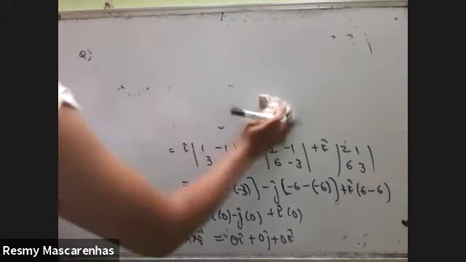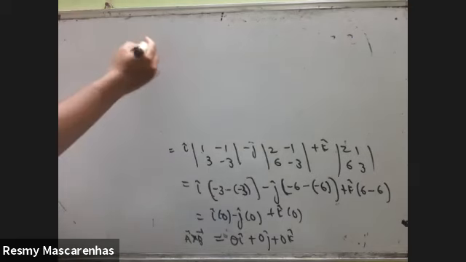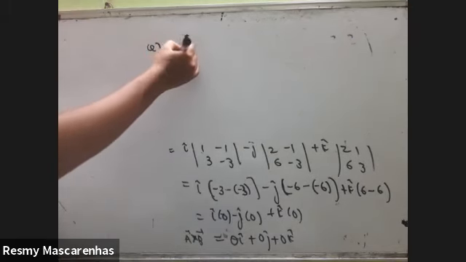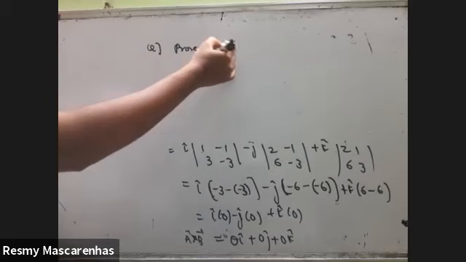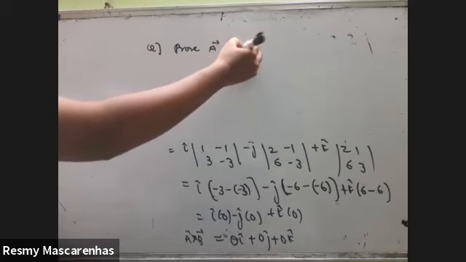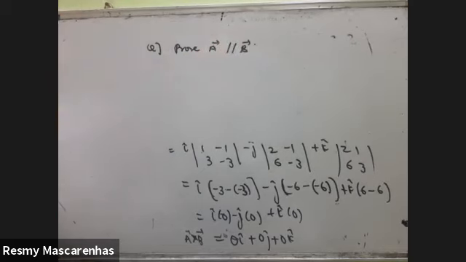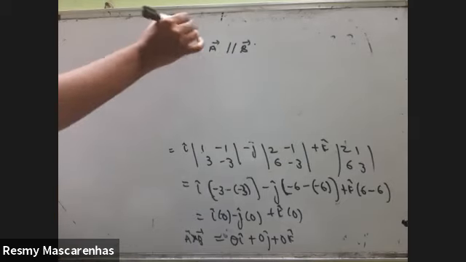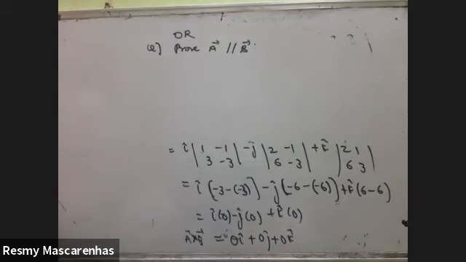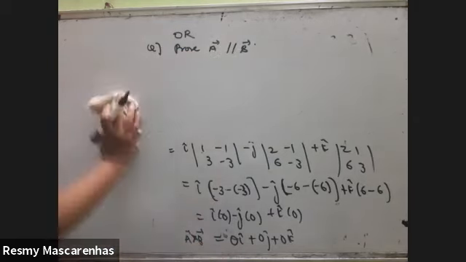Remember, the same question can be asked through A bar parallel to B bar. So whenever you have to prove they are parallel, you have to show their cross product is 0. I'll show you also why. So put it as a note and keep.